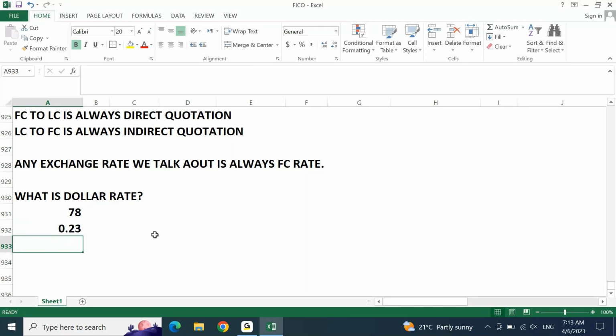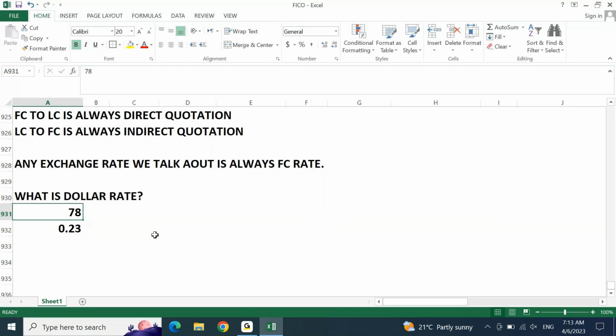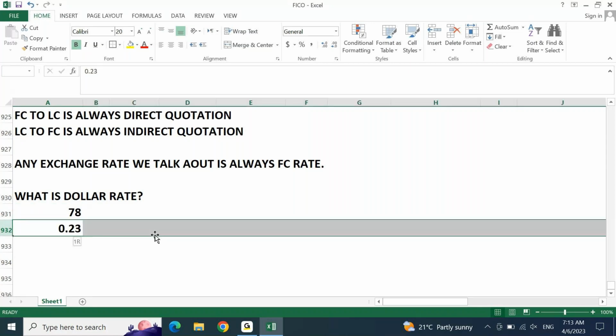Anybody is going to tell 78 like a value digit. Nobody will tell an exchange rate in decimals, because the exchange rate is always a whole number on one side and a decimal on the other side. So everybody will tell it in this format.